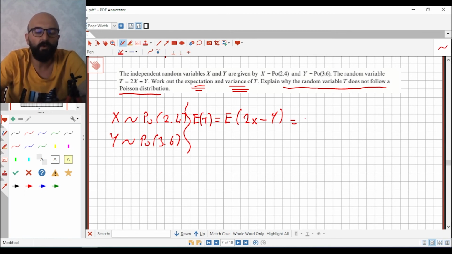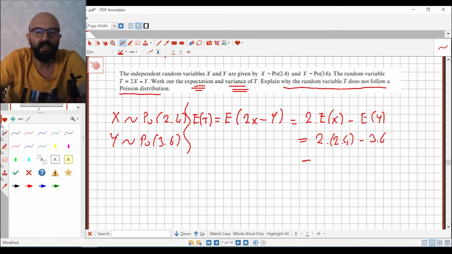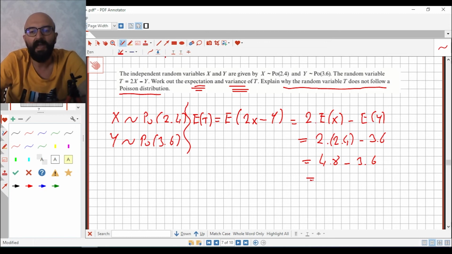It means 2 multiplied by the expected value of x minus the expected value of y, so 2 multiplied by 2.4 minus 3.6, so 4.8 minus 3.6, and 1.2.